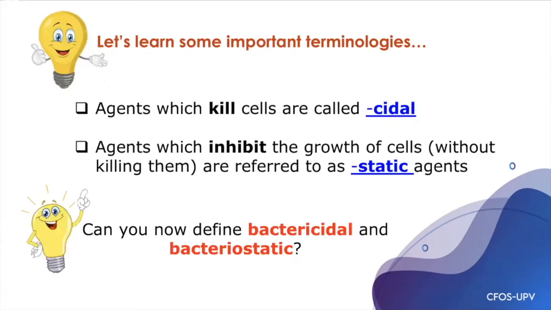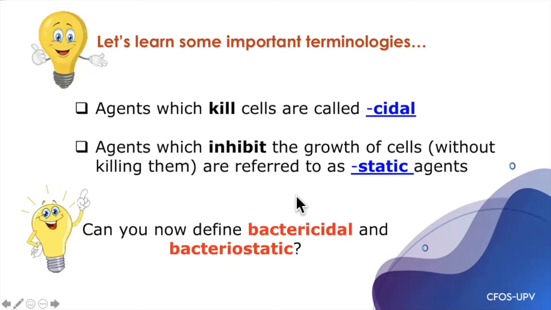Okay, so let's learn some important terminologies. If a word has cidal, it means it kills the cells. If it has static, it inhibits the growth of cells without killing them.